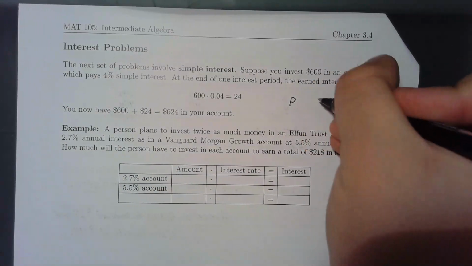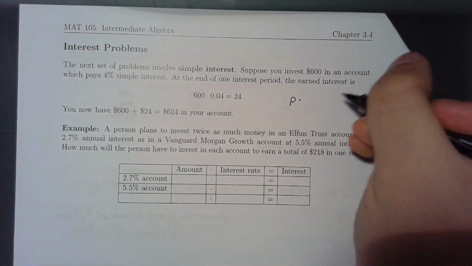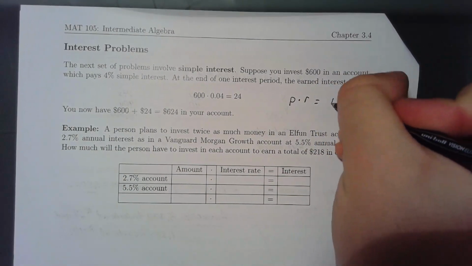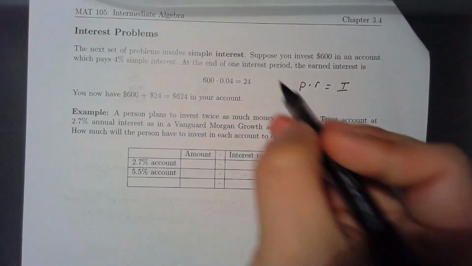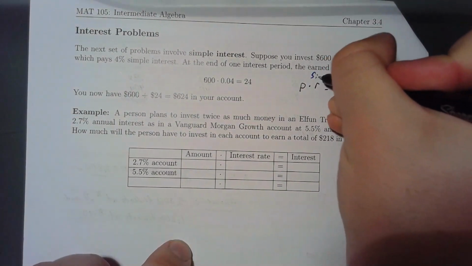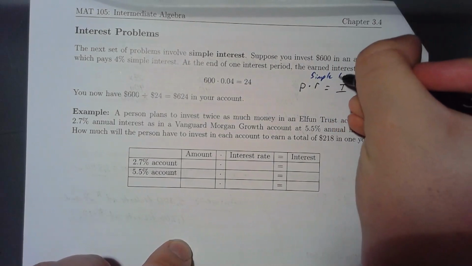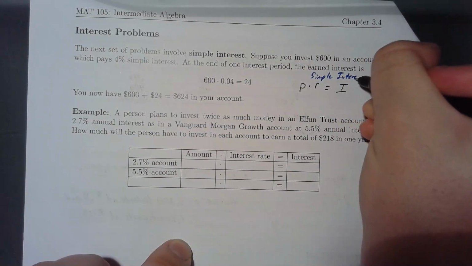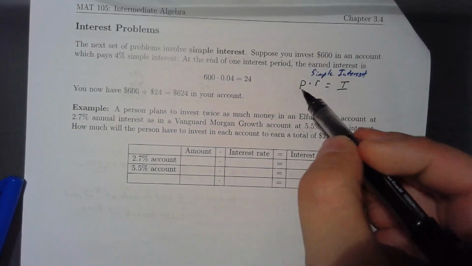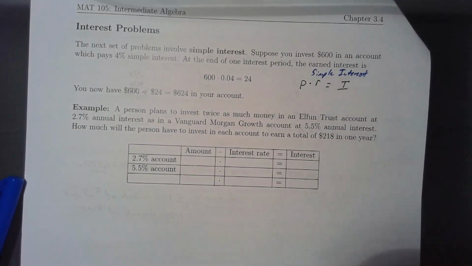If I multiply the principal times the interest rate, which we denote R, that's going to equal the interest. This is simple interest right here. That's as basic as it gets when it comes to interest rates. It's the principal times the rate equals interest.